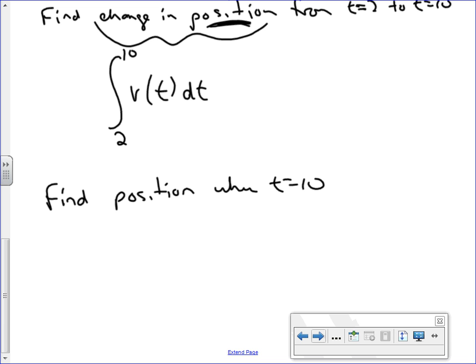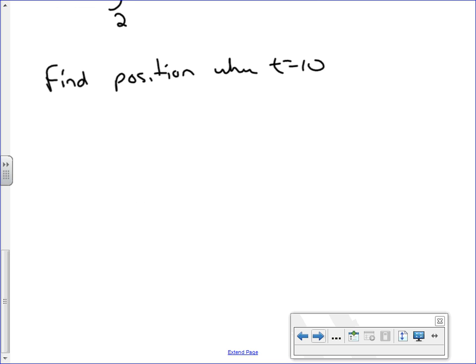So if you want to find where it is at t equals 10, you need to start with the position that you know, some kind of known value that was given at the beginning of the problem. And then to that, you need to add how much it changes. This number needs to match that number right there. So if I gave you x of 0, that number would have to be 0. If I gave you x of 9, that number would have to be 9. Does that make sense?